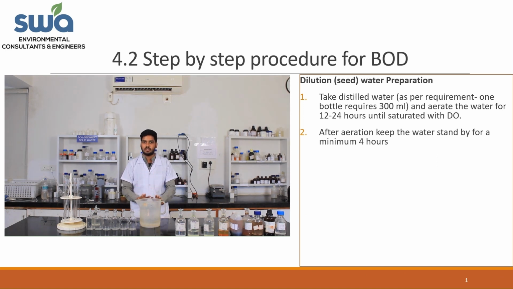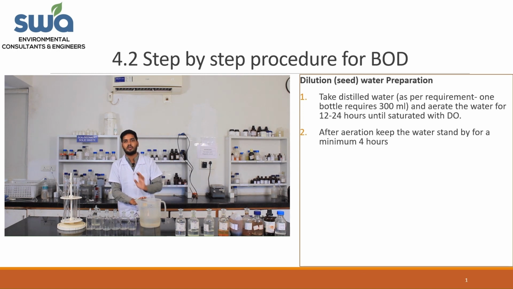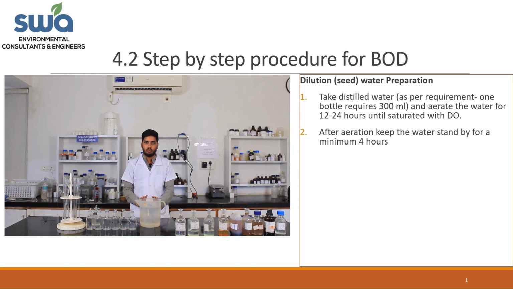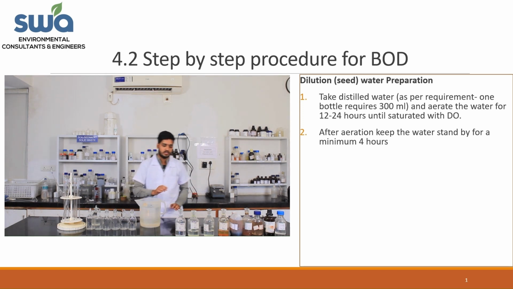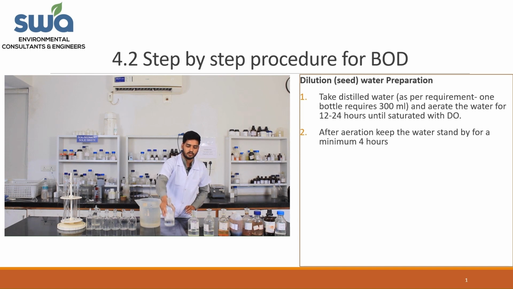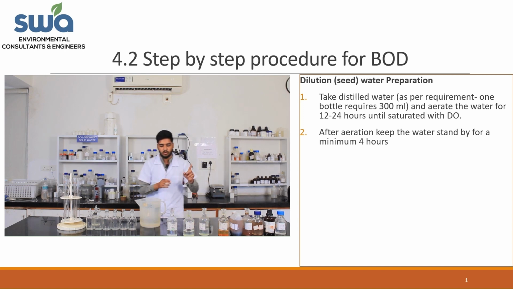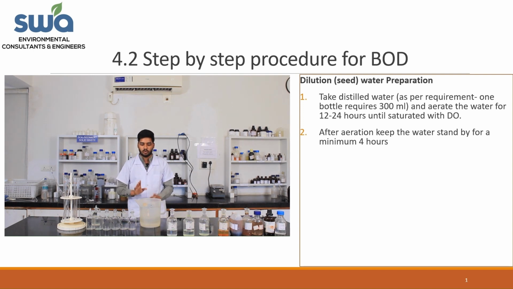After the 4 hours are completed, we will introduce nutrients into this water. Per 1 liter of water, 1 ml of each nutrient will be required. The nutrients are, first, phosphate buffer solution, second, magnesium sulfate, then calcium chloride and ferric chloride. So 1 ml of each solution will be required in 1 liter of water. Here I am taking 4 liter of water, so 4 ml of each nutrient will be added.